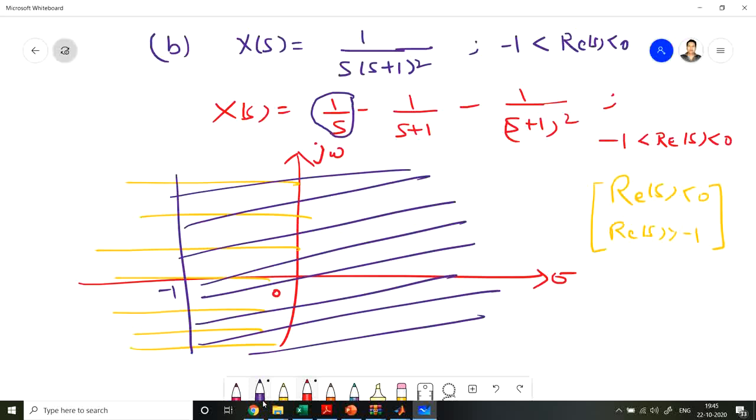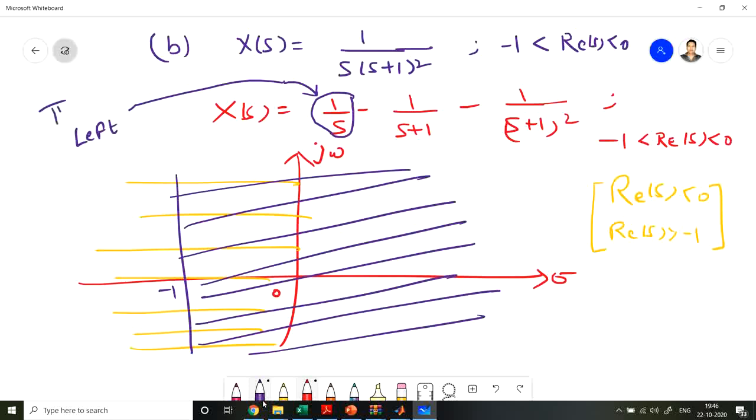If we find the inverse Laplace transform, the ROC of this is real part of s less than 0, because that pole is at 0, for this term only. So 1 divided by s, which type of signal is it? It is a left sided signal.